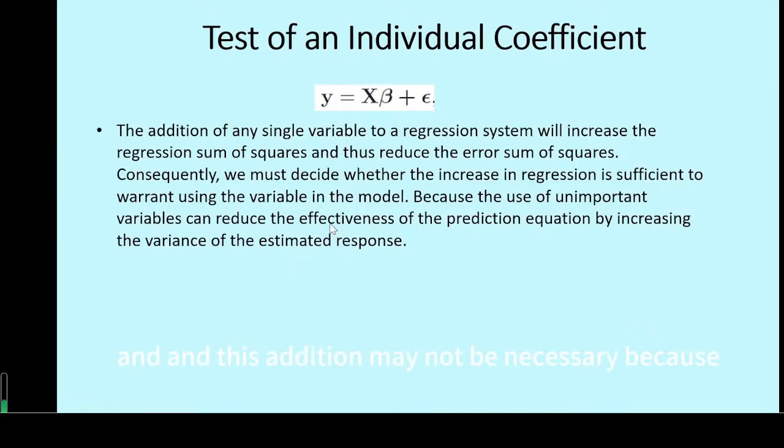But this addition may not be necessary, because the additional variance explained by the single variable may be very little compared to the total variance of the error term. Then the variable cannot be added, because it would overfit the model. So we have to test the significance, or the effectiveness, of including a single variable.